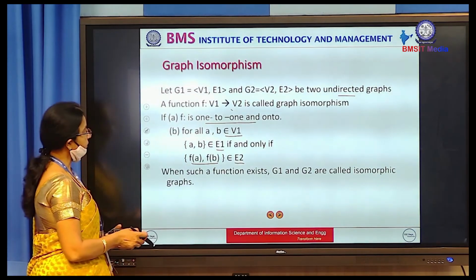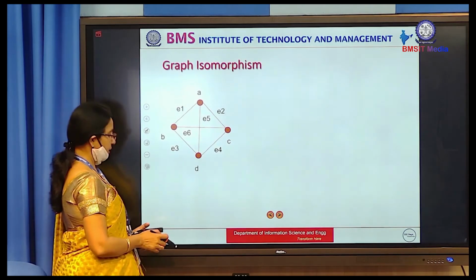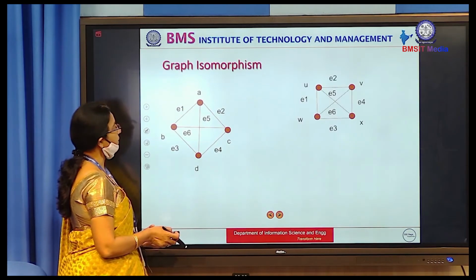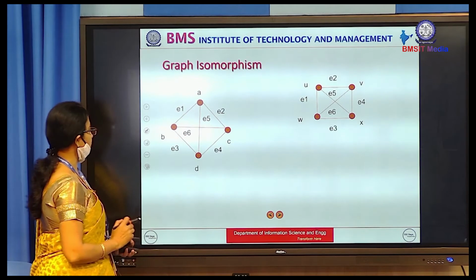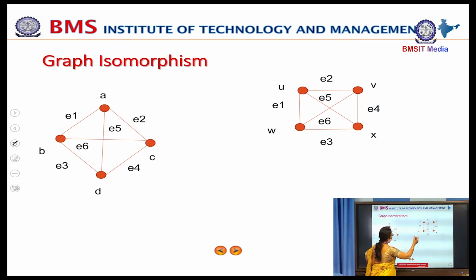Let us see that with examples. So here I have considered a graph. This is G1 and this is G2. Here we have A, B, C, D, which has 4 vertices, and we have 6 edges. Similarly, I have one more graph with 4 vertices and 6 edges.